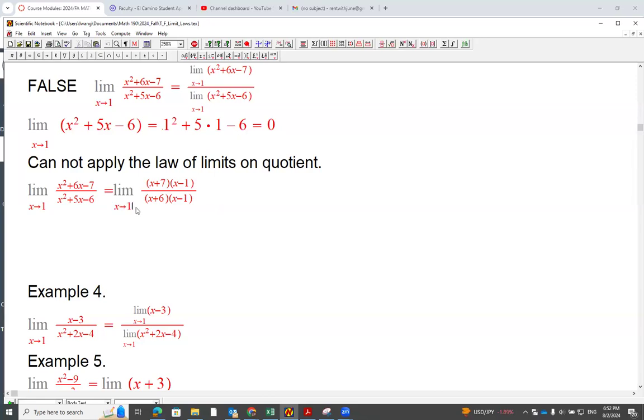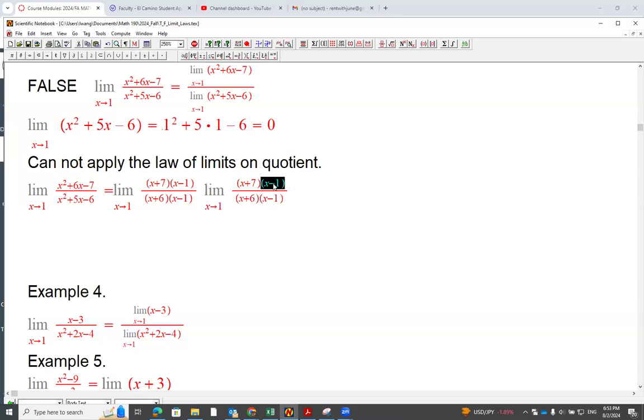X is approaching a number, but is not that number. In fact, if you look at the entire function, x equals 1 is not in the domain, so x cannot equal 1. Because x cannot equal 1, x minus 1 is not 0. Therefore, we can reduce that factor.